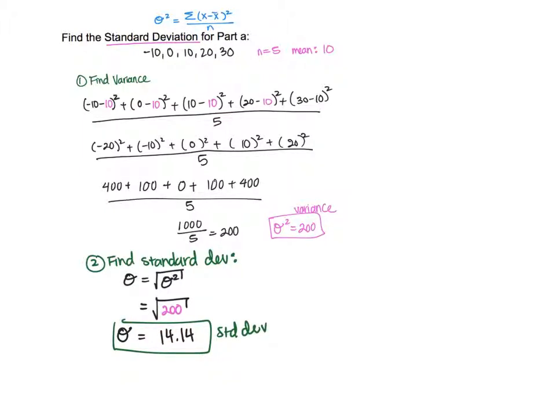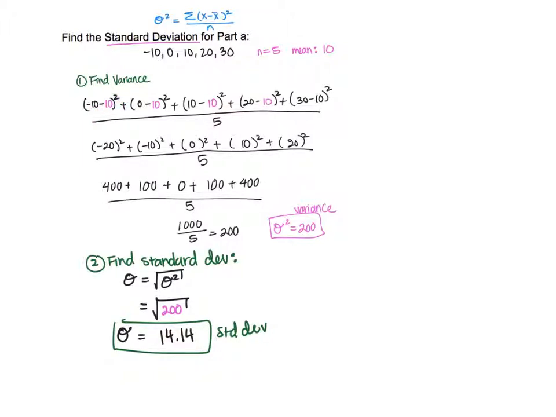I just want to mention something here. Let's talk about why this formula came about. If you have these data points, you had to take each data point and subtract it from the mean. Every time you do that, you are calculating the distance for that data point from the mean. But why do we square the number?